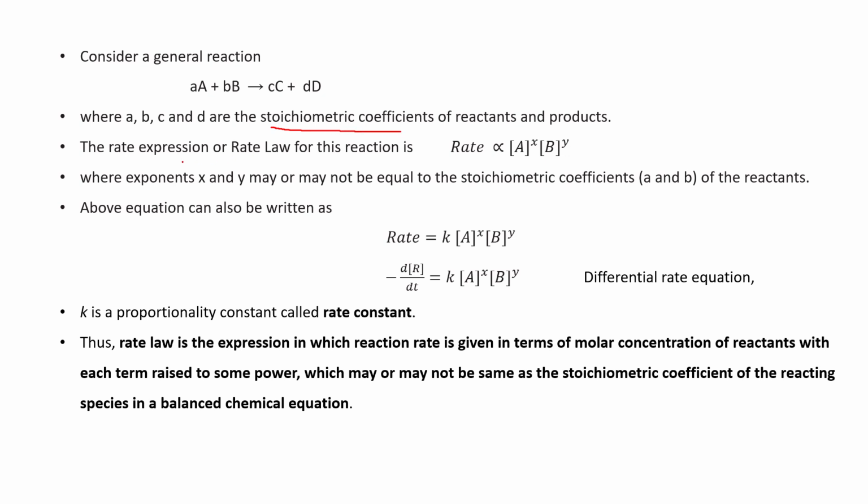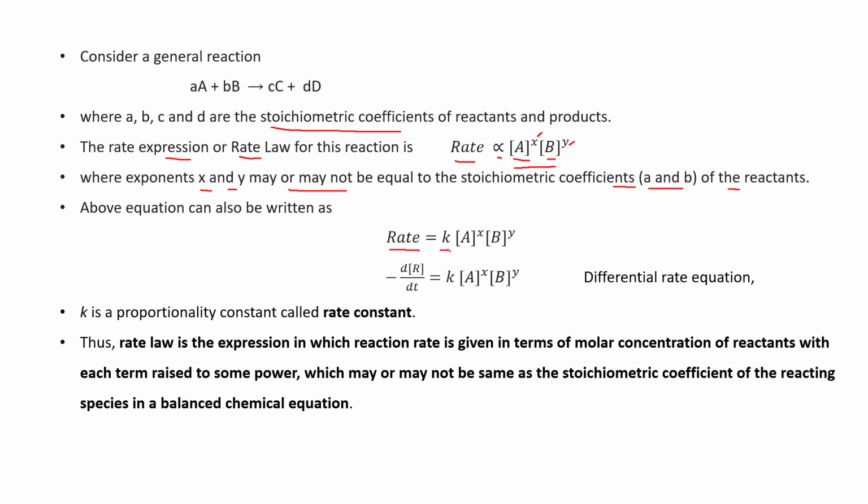That's why we can say the rate expression or rate law for this reaction is: rate is directly proportional to concentration of A power x, concentration of B power y, and both terms, A and B, are in multiplication, where exponents x and y may or may not be equal to the stoichiometric coefficients a and b of the reactants.